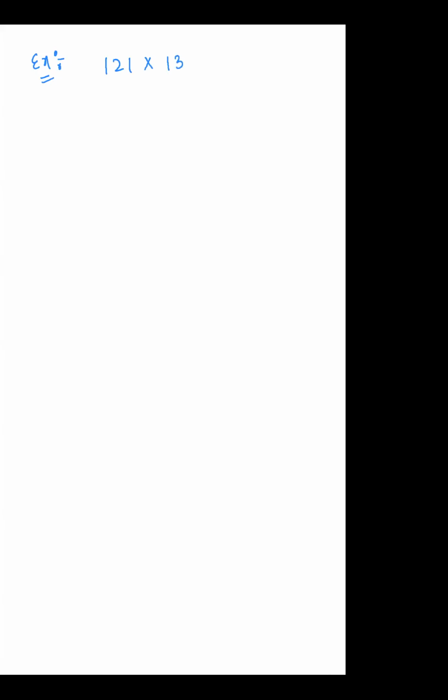That means simple numbers which are less than 5, and another number will be 11. Try these two examples. I am just giving you patterns. You have to practice at home. Okay.